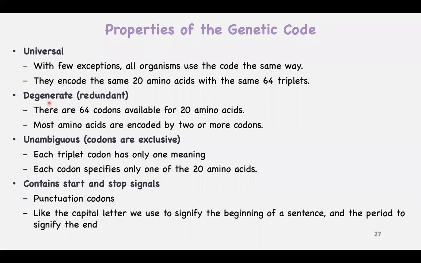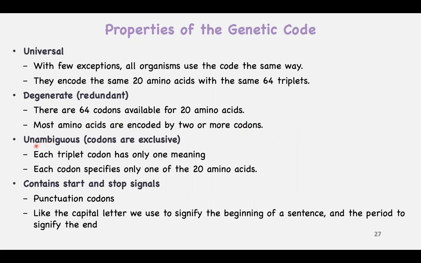And then it should be degenerate, which means it can be abundant, or redundant as well. So there are 64 codons available for 20 amino acids. Most amino acids are encoded by 2 or more codons, usually about 2 or 3.